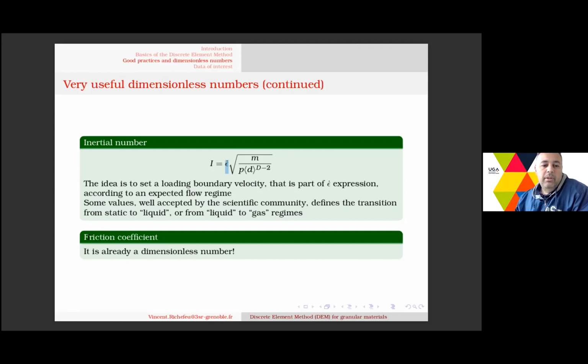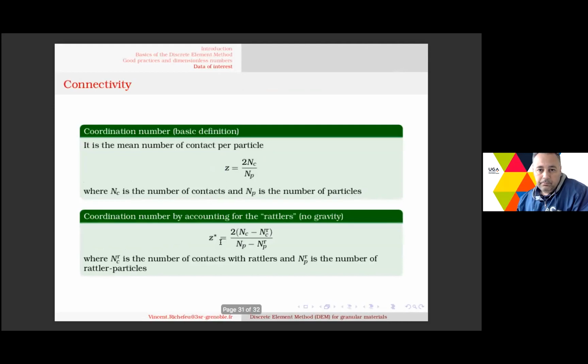So one other parameter is the friction coefficient, which is already a dimensionless number. Okay, I will have a few times for the code. Maybe a few words about some data of interest that are often used when we are analyzing DEM simulations. The first one is the coordination number.